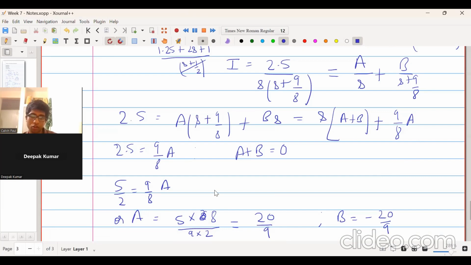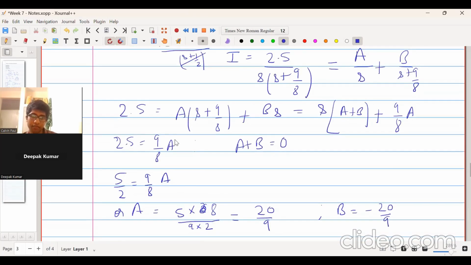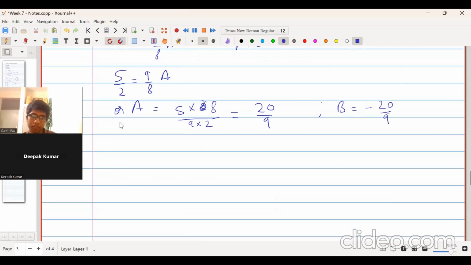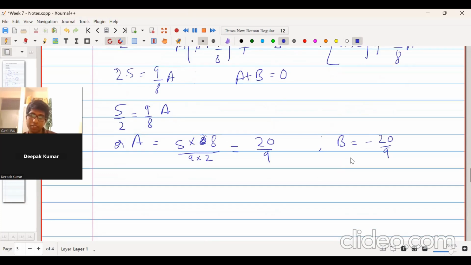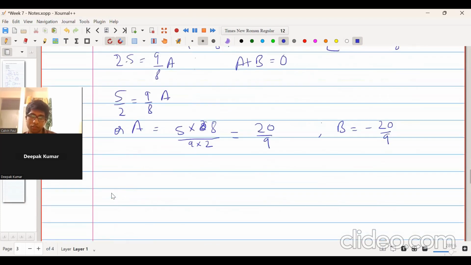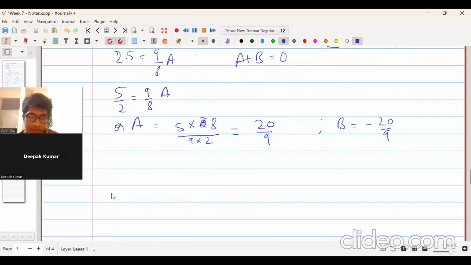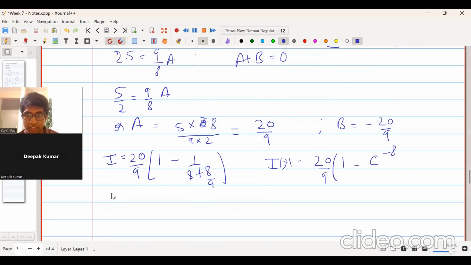Okay. So we solved it and we found the values of a and b. A is 20 upon 9, b is minus 20 upon 9. So the equation of I is 20 upon 9 into 1 minus 1 upon s plus 8 upon 9. We take the Laplace transform, we get 20 upon 9 into 1 minus e raised to minus t upon tau.